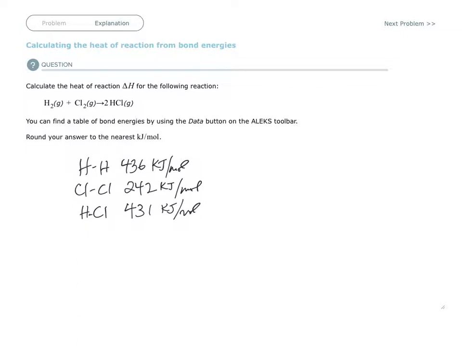So if you are going to do this problem, you are going to have to add whatever energy it requires to break all the bonds on the left, and then you'll get the energy back as the bonds are made on the right. All right?